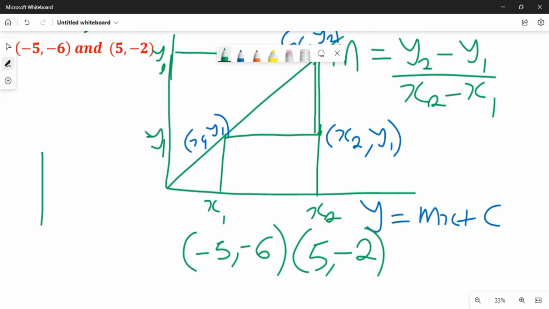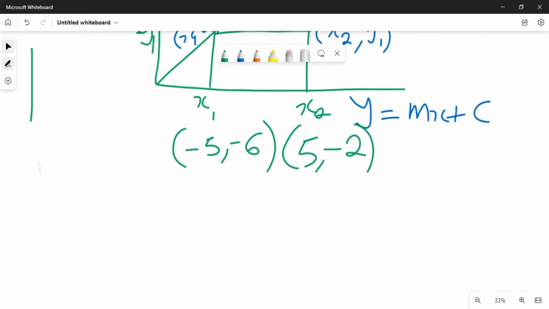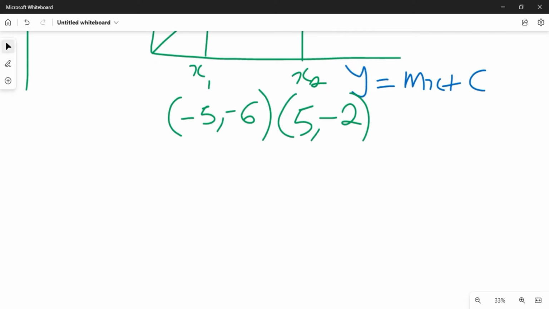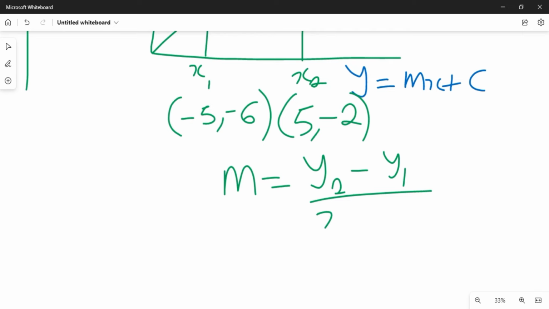So we're going to simplify that and then work out the gradient. Our gradient will be equal to y2 minus y1 all over x2 minus x1.